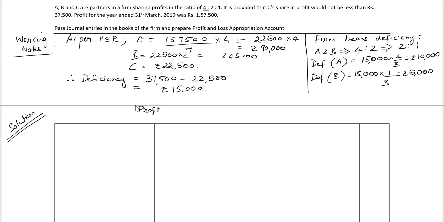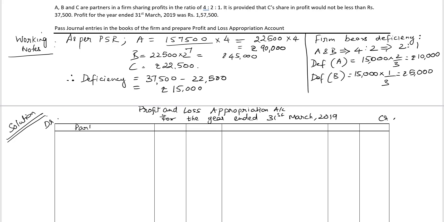Profit and loss appropriation account for the year ended 31st March 2019. Left side debit side, right side credit side.